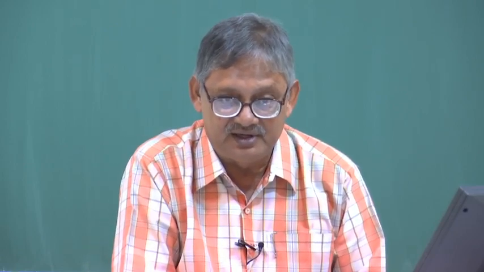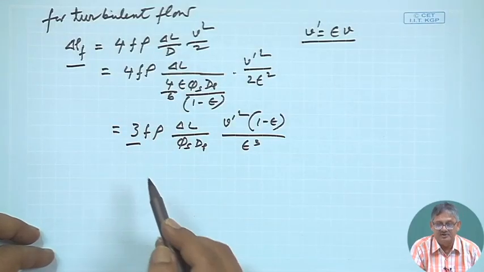I think we had said that v prime is in empty cross section and v is through that packed bed, right. So, if there is an epsilon void space, then that v becomes equal to v prime over epsilon, right, that we have earlier established and shown.